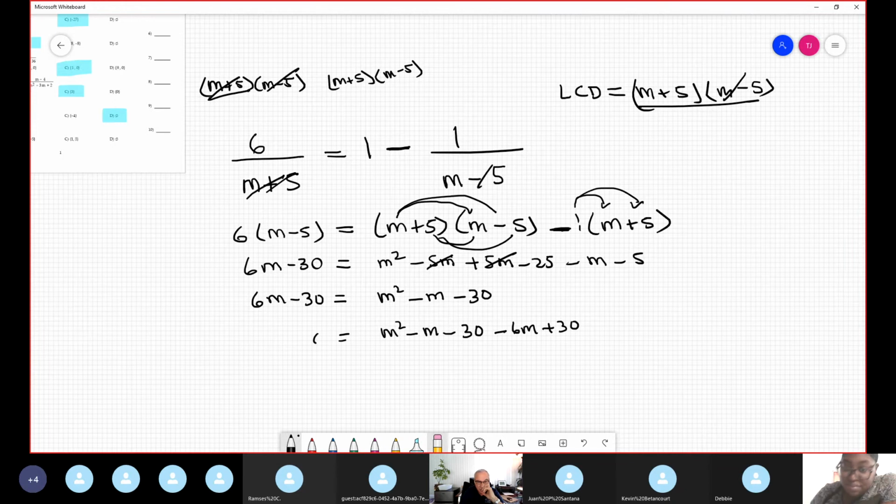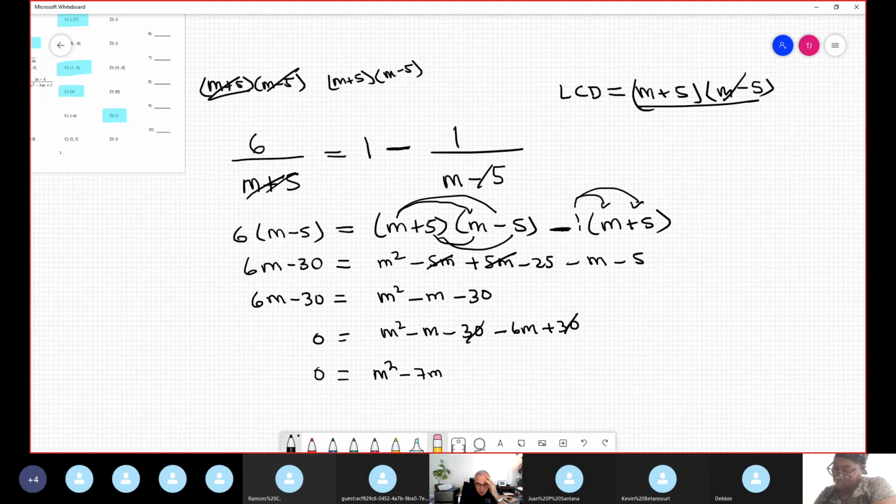The reason I move to the right, not to the left, is because in the right, you have 1, 2, 3 terms and in the left, you have only 2. It's much better to move 2 to 3. Now, after you interchange the equation, that's it. Positive 30 and negative 30 are cancelled. So it's m squared minus 7m, no?